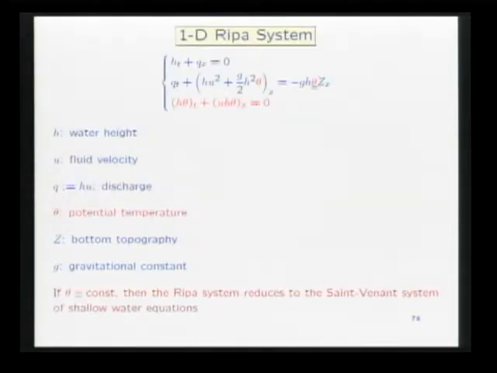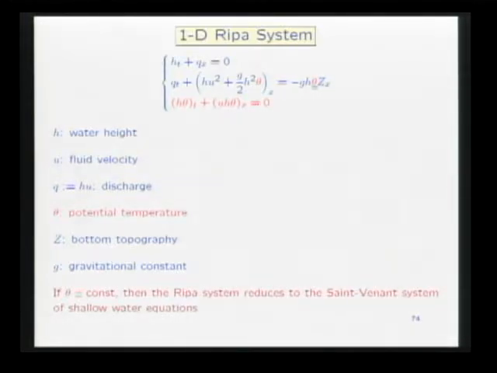So this is the simple 1D Ripa system. You see, if I remove the red parts, this will be the Saint-Venant system. But now this is the potential temperature, and this potential temperature affects the pressure and the bottom friction term, and the temperature simply propagates with u, transported with u.